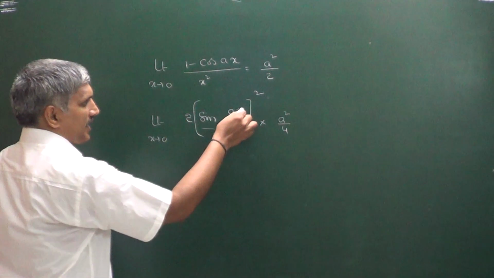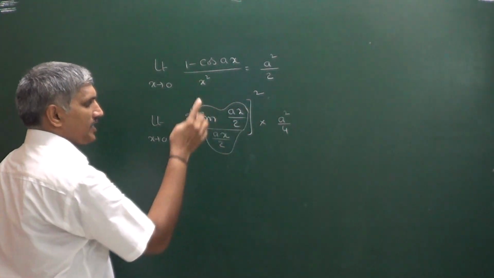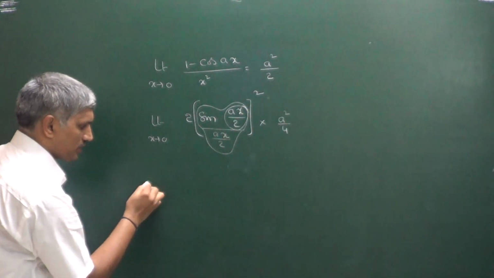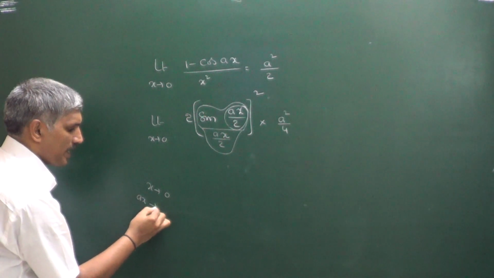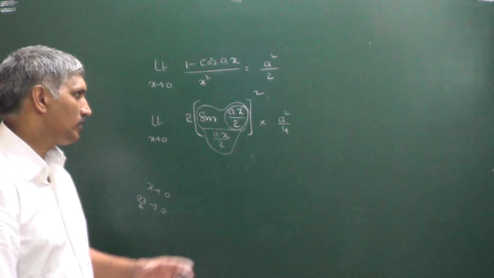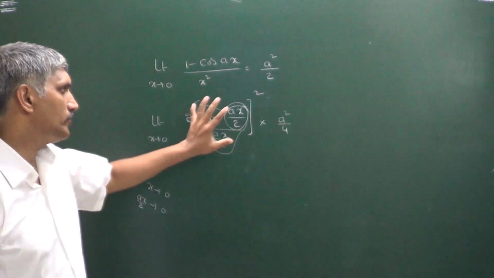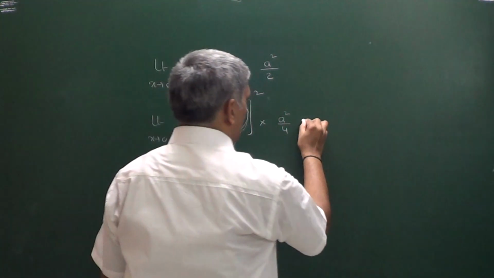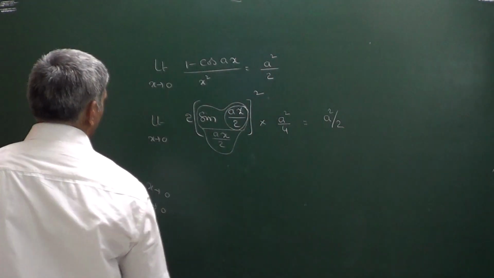Now you can observe it is in the form of sin theta by theta, and this theta is also tending to 0. The reason is x is tending to 0, so ax is also tending to 0, and ax by 2 is also tending to 0. That's why sin theta by theta becomes 1, 2 into a square by 4, so you will get the answer as a square divided by 2. So that is the way we can remember.